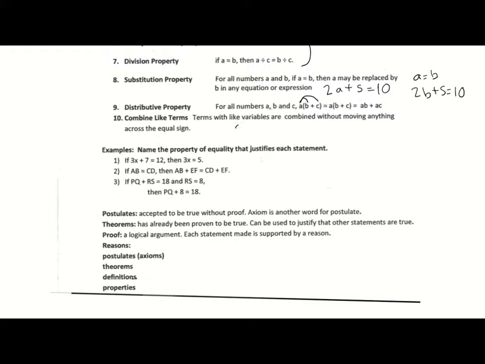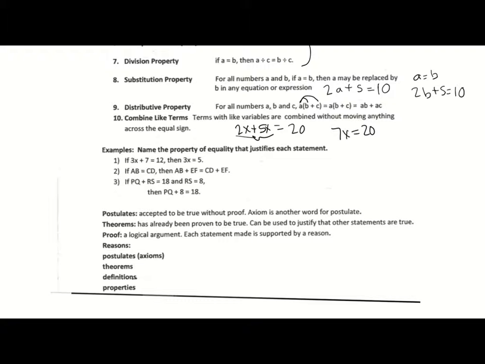So if we had 2x plus 5x equals 20, we could say 7x equals 20. Combine our 2 and our 5.